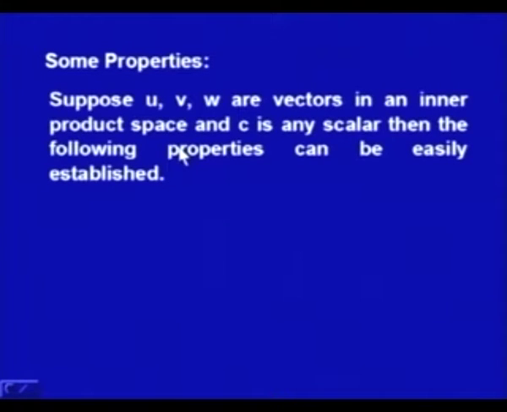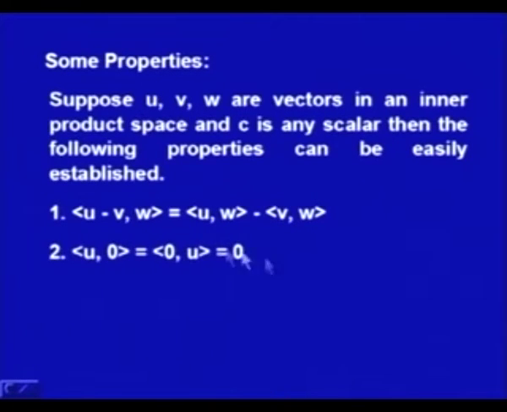Now, we discuss some properties of norms and distances. Suppose u, v and w are vectors in an inner product space and c is any scalar. Then the following properties can be easily established. First, the inner product of u minus v with w is the inner product of u with w minus the inner product of v with w. Previously we had addition here, now we have subtraction.